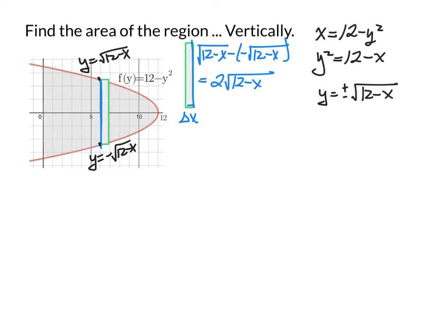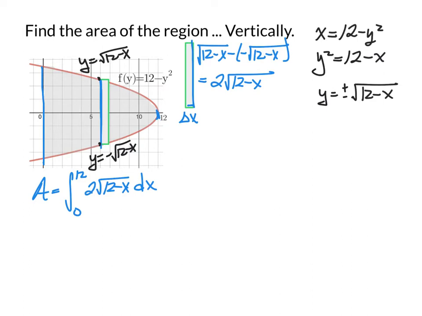So we set up our definite integral, and it's going to be that 2 square root of 12 minus x dx. The interval goes from 0 all the way out here to 12, the ends of our boundary, the ends of our interval in terms of x.